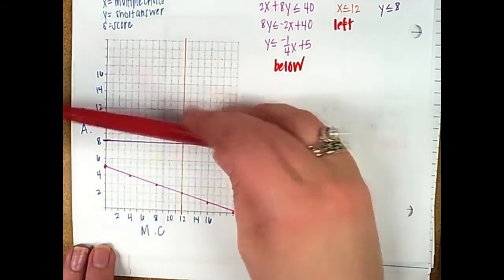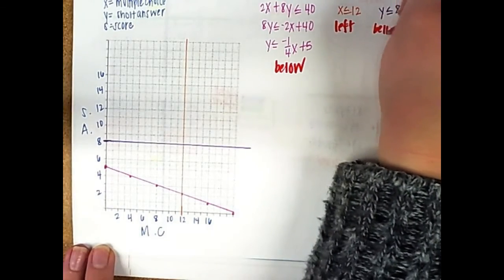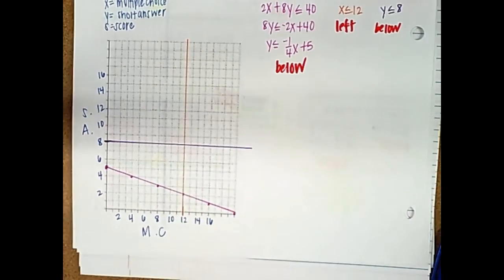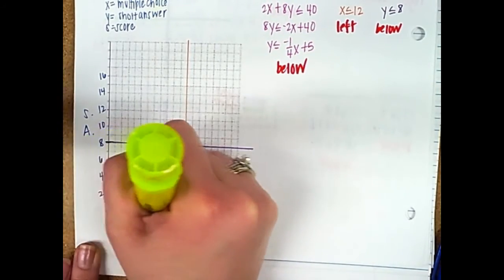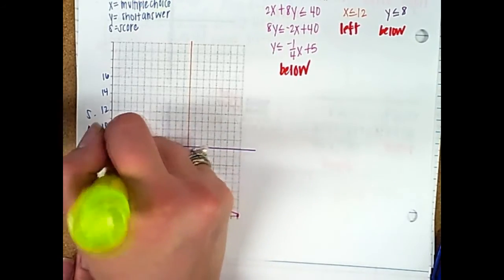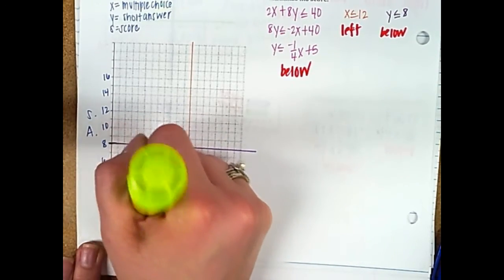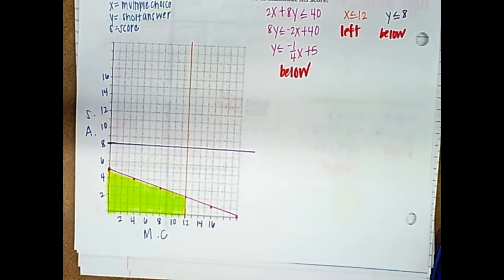And then less than 8 means just below, which doesn't help us much here because our common shading area is below the pink and to the left of the orange. So it's in this region here, and that's our common shading area. Remember, we're not done yet.